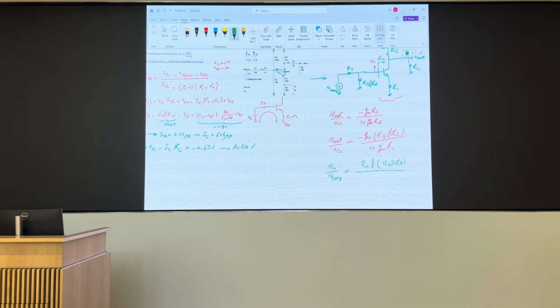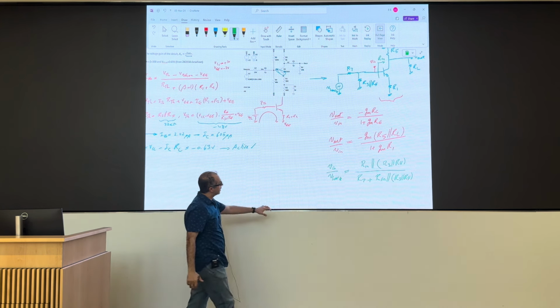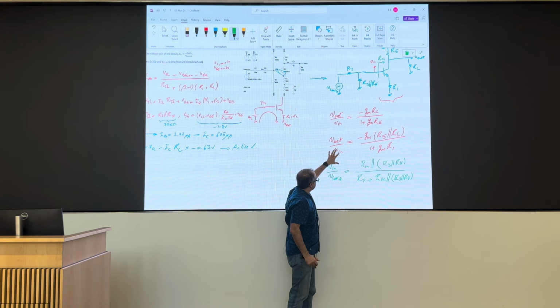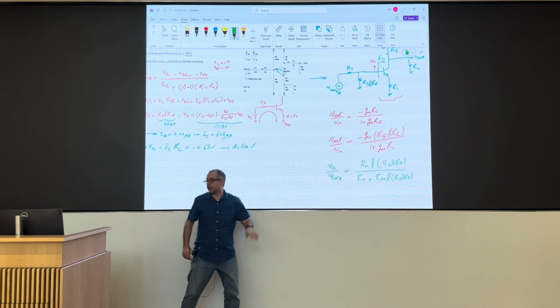And the voltage division is between R7 and this combination. Okay? So if I know R in, life is easy because I have V out over V in, I have V in over V source, and I can find V out over V source by multiplying these two by each other. Okay? So that's my plan.